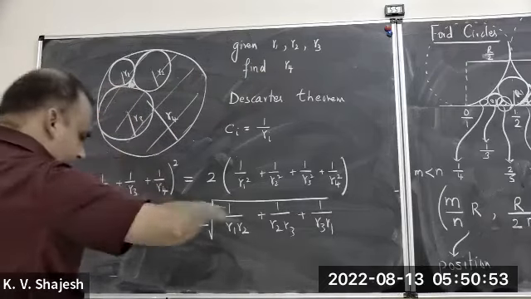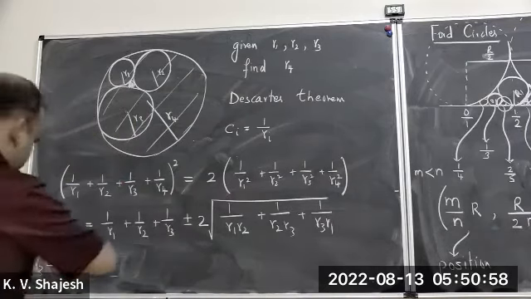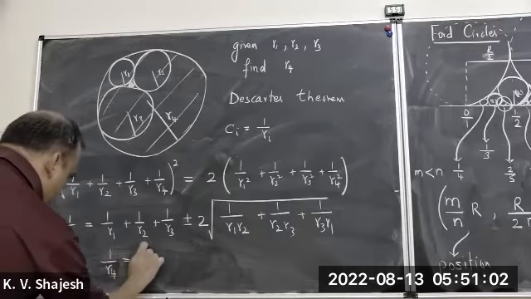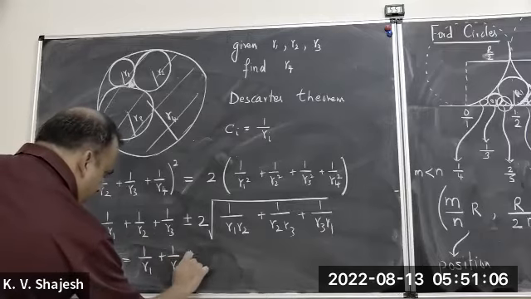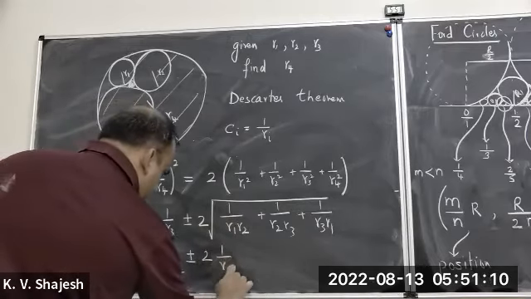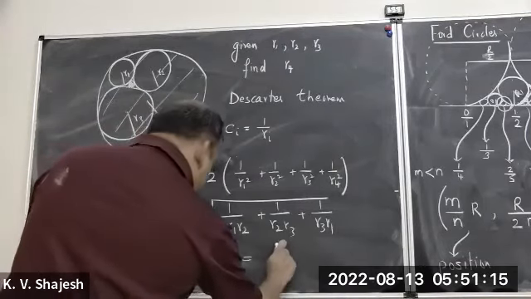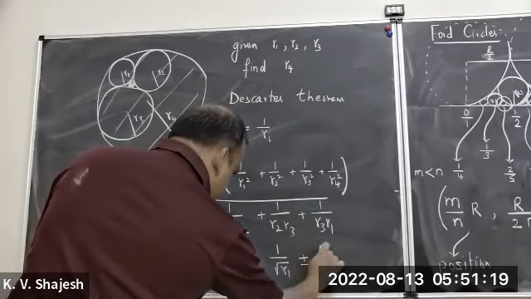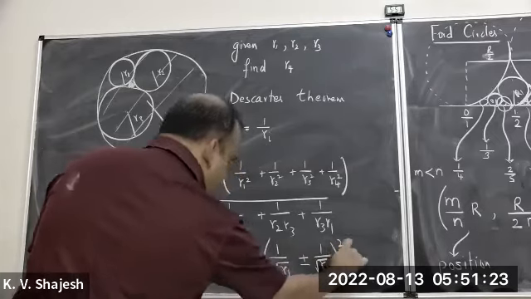Then if you have a very large radius, like the Earth, it's practically flat, so it's a straight line. And then you get 1 over R4 is equal to 1 over R1 plus 1 over R2 plus or minus 2 times the square root of 1 over R1 R2, which has a nice feature that this is the square root of 1 over R1 plus or minus the square root of 1 over R2, squared.